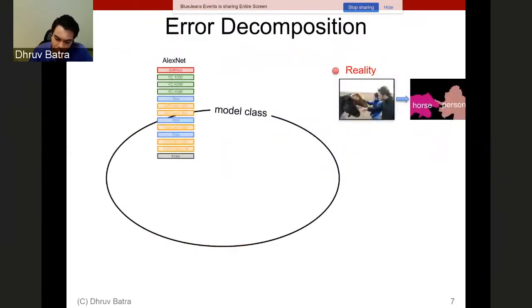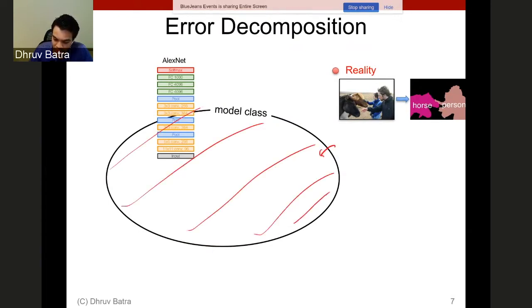We introduced this notion that as soon as you define a model class, typically this makes sense with parametric model classes, where every entry in this model class is some parameter W, you right out the bat pay something known as modeling error, which is the best you could have done in your model class with respect to reality. There is something known as estimation error because you do not actually find this best W star.